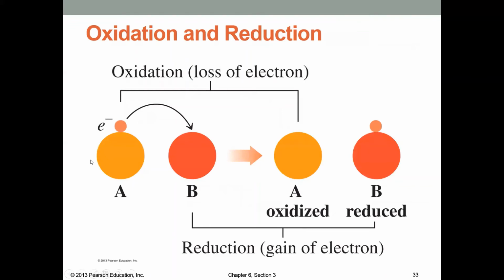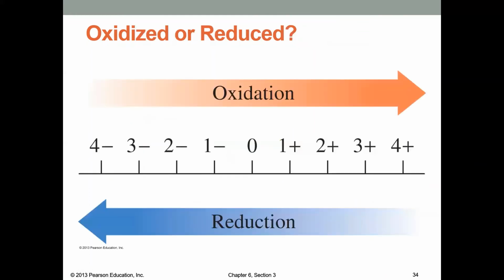So if we look at it here, here is element A. It has an electron, and it's going to transfer it to element B. When it transfers the electron over, element A is being oxidized because element A becomes more positive. Now, element B, since it gained the electron, is reduced. It became more negative.